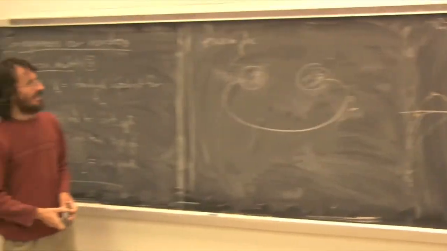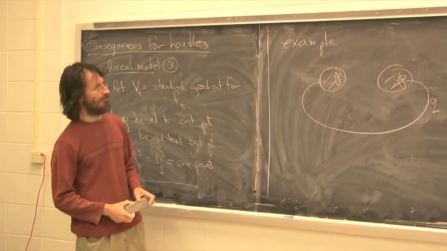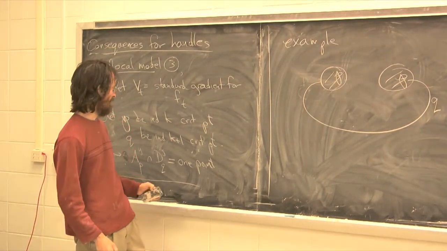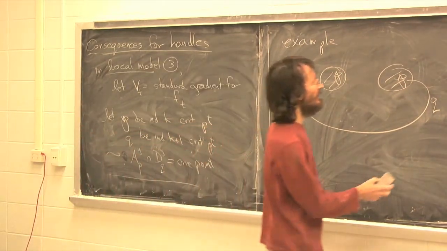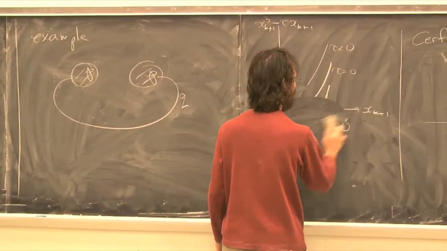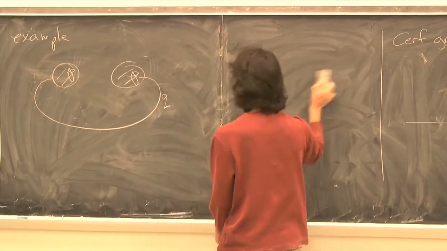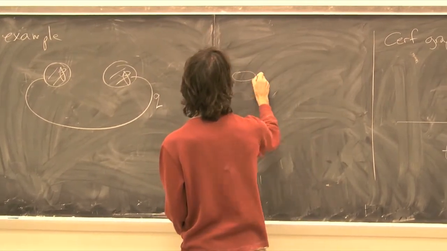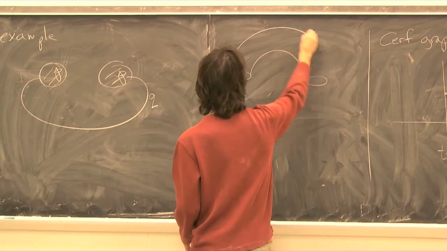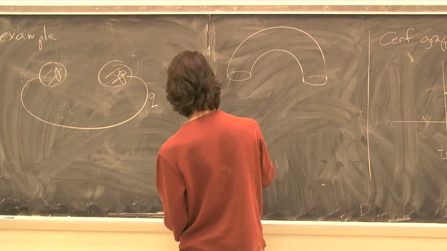So that's the attaching sphere for the index 2 critical point, and if we want to draw it three-dimensionally, something going up and over.